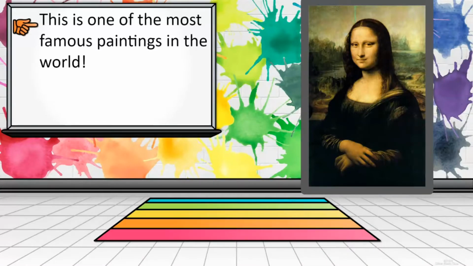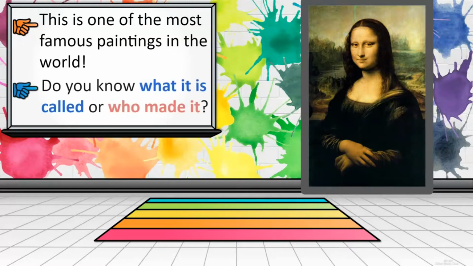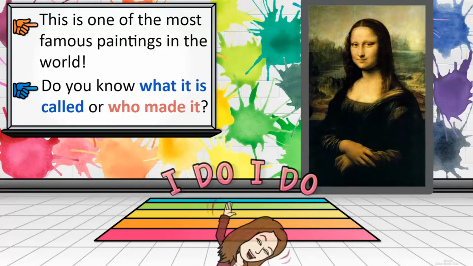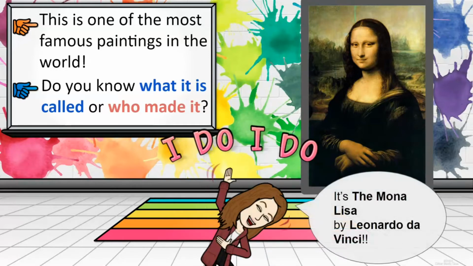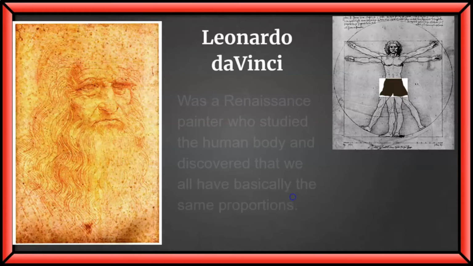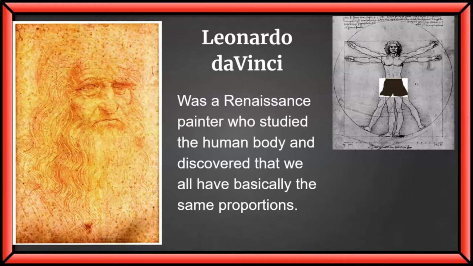So this is one of the most famous paintings in the world. Hopefully you know it. Do you know what it's called, or even who made it? Well, I do. It's the Mona Lisa by Leonardo da Vinci. Here's Leonardo da Vinci on the left. He was a Renaissance painter who studied the human body and discovered that we all have basically the same proportions, meaning all of the parts of our body are the same size compared to the other parts of the body.